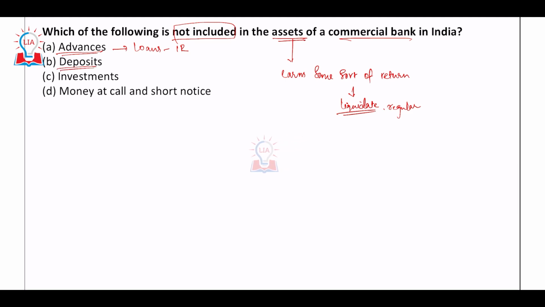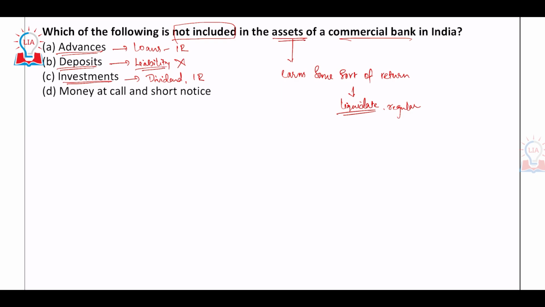Deposits. So the deposits made by someone in the bank. What about this? It is a liability for the bank. It is supposed to pay it back, right? Is it earning something? Absolutely not. Investments, will it earn something for the bank? Yes, obviously it is going to earn some sort of dividend or interest. Let's say it has invested in gold.